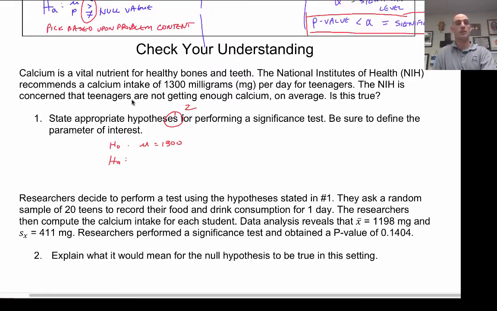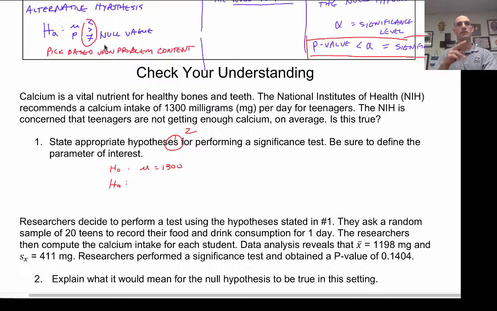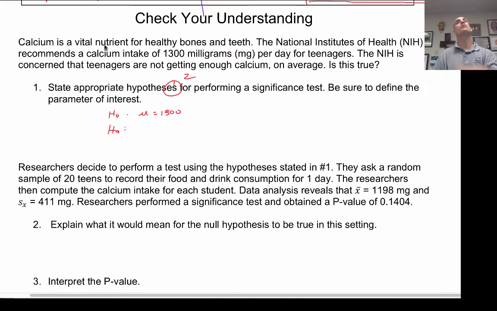Now up here, what I said was we've got three options, right? Either less than, greater than, or not equal to. We have to look at the context of the problem. So what is it that they are concerned about? They are concerned that they're not getting enough, which means they think that it is less than 1,300.